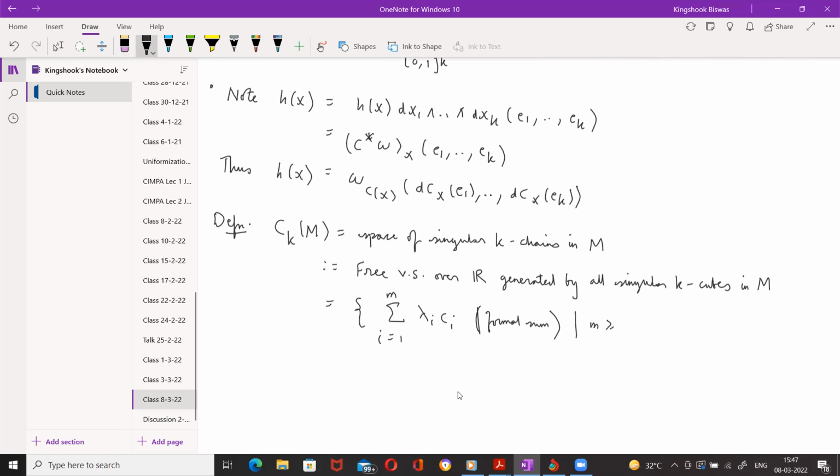Well, you can have the empty sum, that's just the zero vector. Here lambda 1 to lambda m belong to R, and c1 to cm are singular k cubes in M.